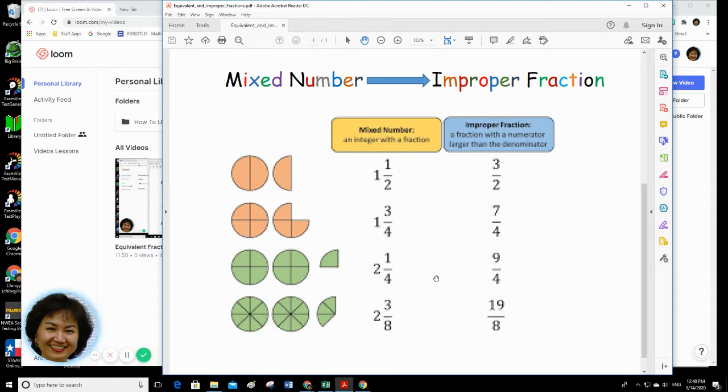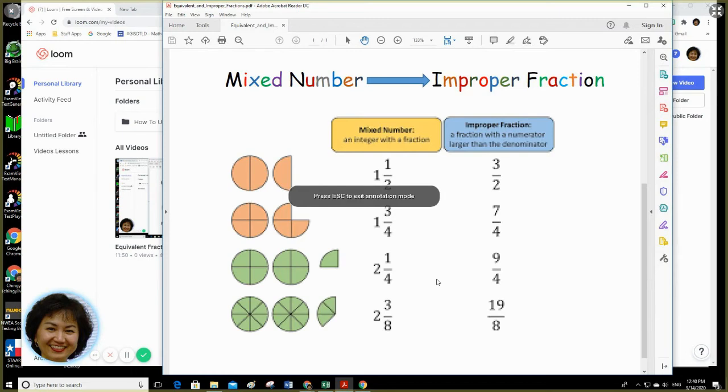I am going over these examples quickly. You can review this in detail later. For right now, you just have to know the concept. Like this first one, 1 and 1/2.